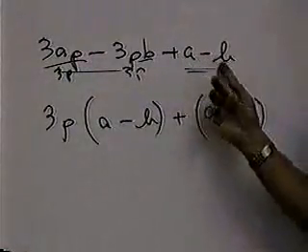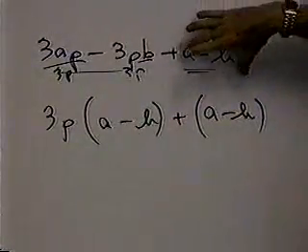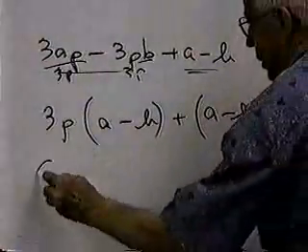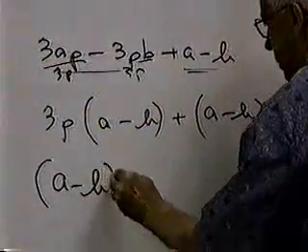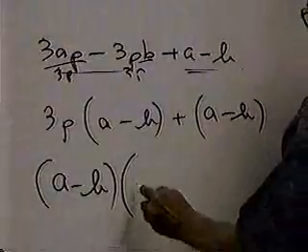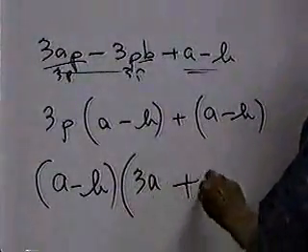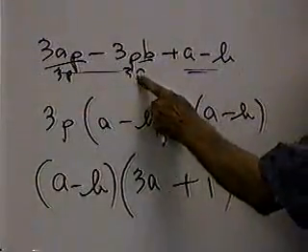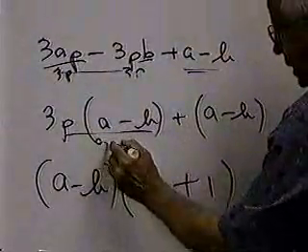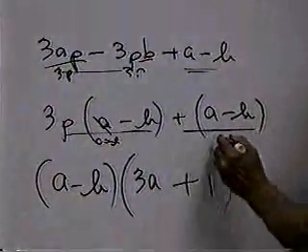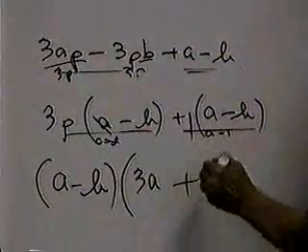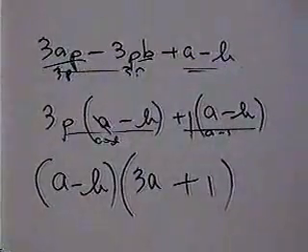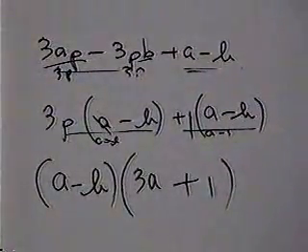There's a common factor of 1, but still, if you just have that, put it in parentheses, because look what we have now. So, we have the common factor, parentheses, and it leaves us 3a plus 1. Now, here's the reason why I try to get students to do this division. Go ahead and divide this by a minus b, drops out. Divide by a minus b is a 1. Okay? So you get a 1 back there. All right, so be aware of that.